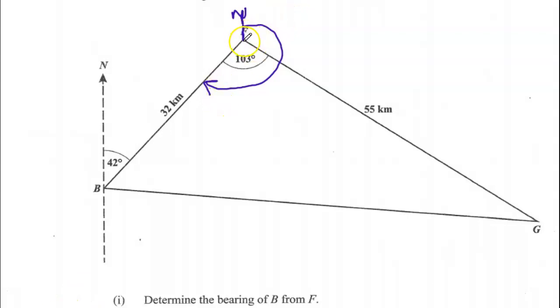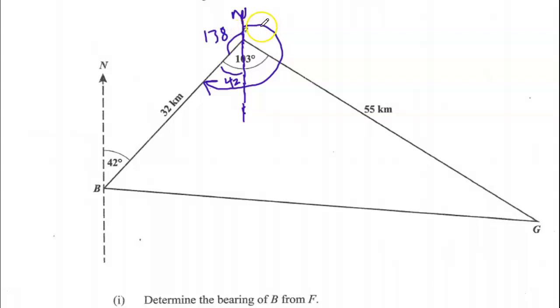If I extend this down here, then these are alternate angles. So this angle will be 42 degrees, alternate angle to this angle. Now angles in a straight line add to give 180, so this angle will be 180 minus 42, which is 138.